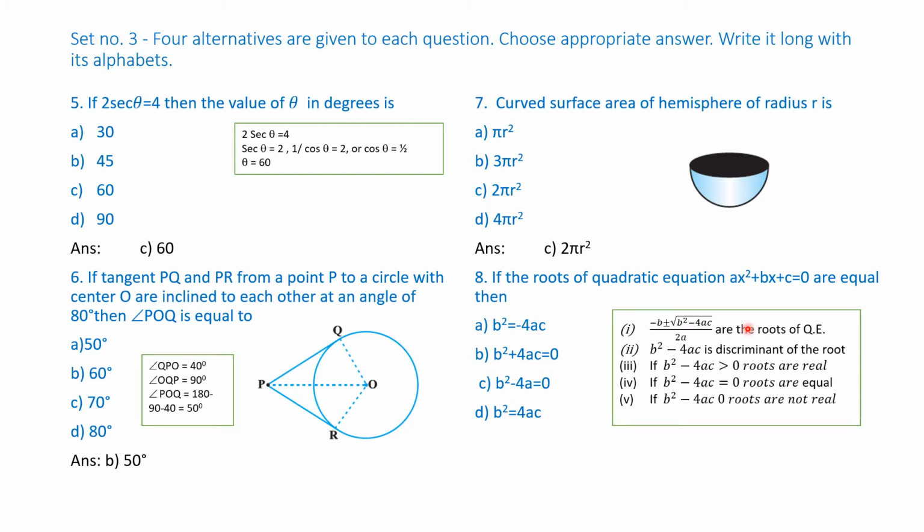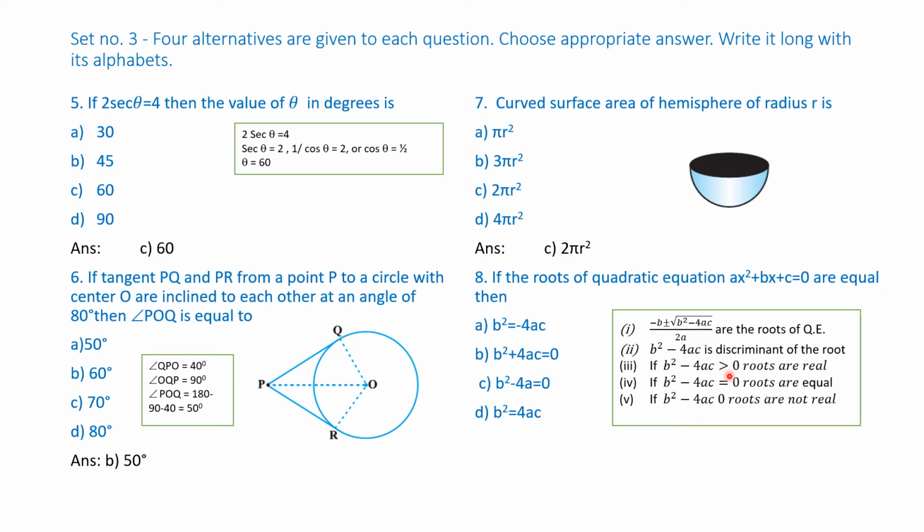Hence, there are different possibilities. This is the solution: x equals minus b plus or minus under root b square minus 4ac divided by 2a. There are three possibilities: b square minus 4ac is greater than 0, or less than 0, or equal to 0.